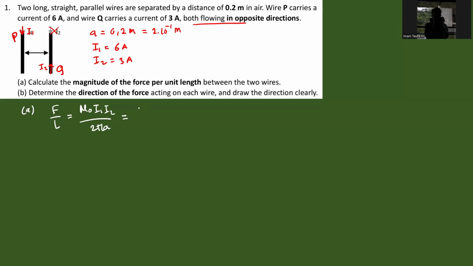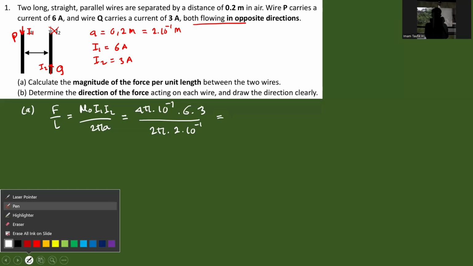Since we know that mu naught is equal to 4 pi times 10 power minus 7, because the wires are separated in air. So I1 is 6 and I2 is 3, then 2 pi a, and a is 2 times 10 power minus 1.